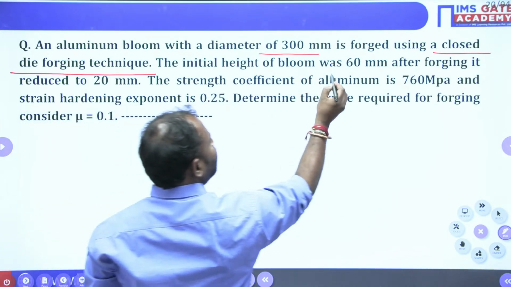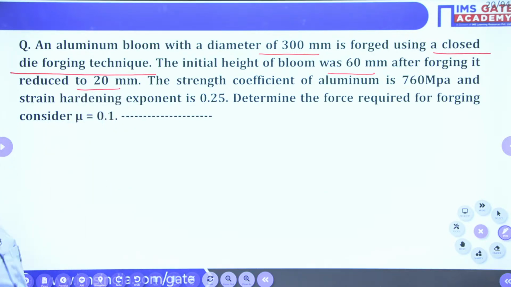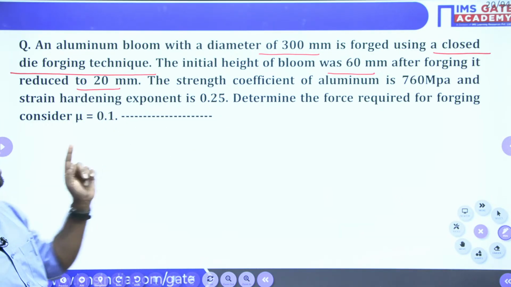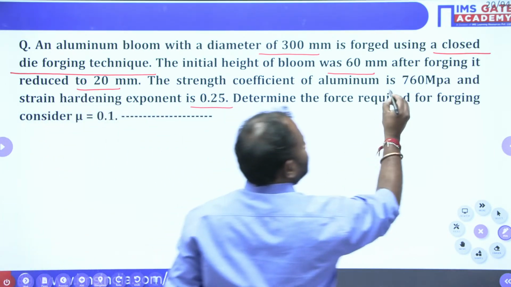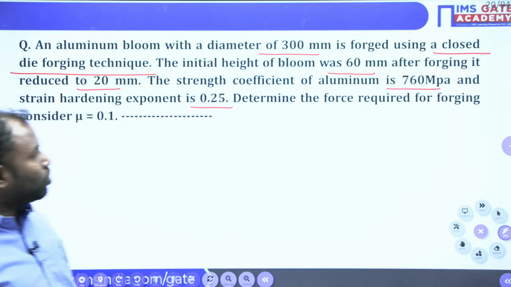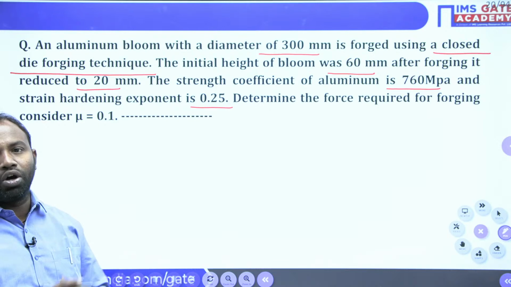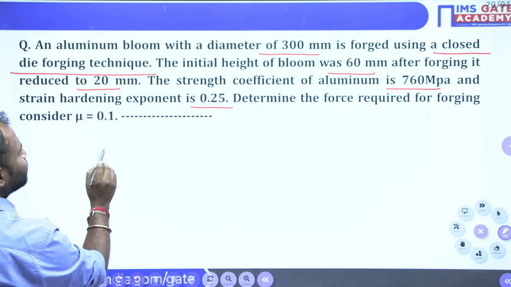Initial height of the bloom is 60 mm and after forging its height is 20 mm. The strength coefficient is 760 megapascal and the strain hardening exponent is 0.25. Determine the force required for the forging operation. Now I will draw a brief small diagram.